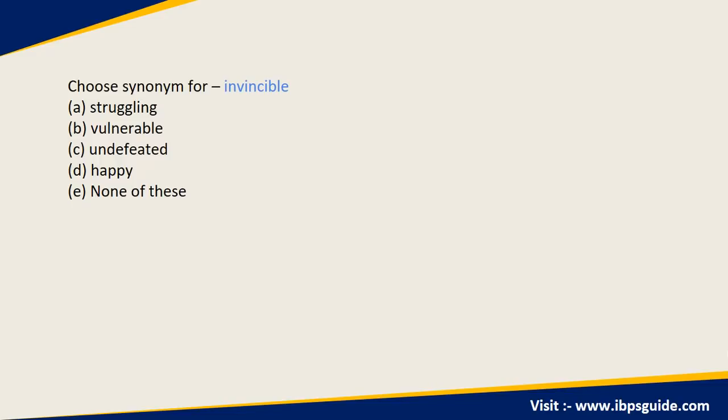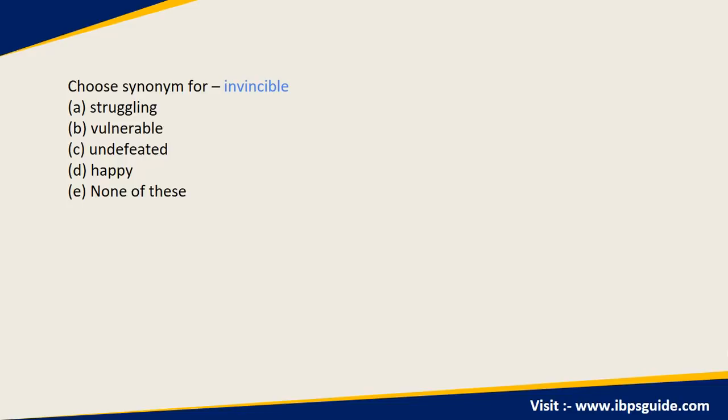So the question is, choose the synonym for invincible. We already know that invincible is something related to being extremely successful. So let's look at the options. A, struggling. B, vulnerable. C, undefeated. And D, happy. So the first two options are negative, so we can omit that.